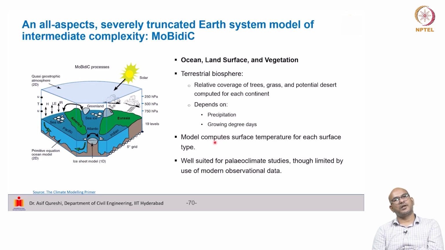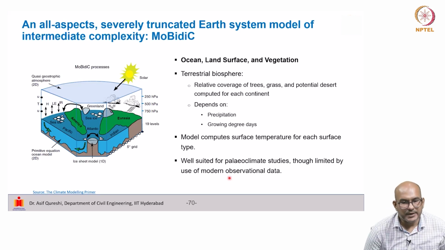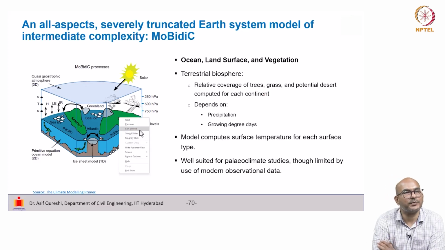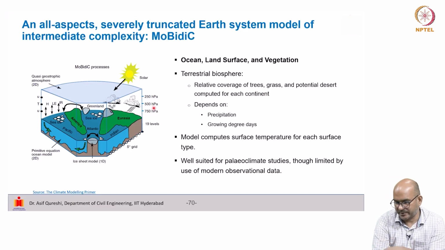Then the model will compute the surface temperature for each surface type. This model is simplistic, and if we see the description of land as well, this model is much better suited for paleoclimate studies, although there will be limitations because we cannot use modern observational data for the present situation to evaluate this model. So, there are some limitations in testing, but it is more suitable for paleoclimate.